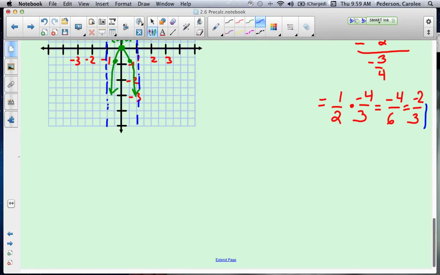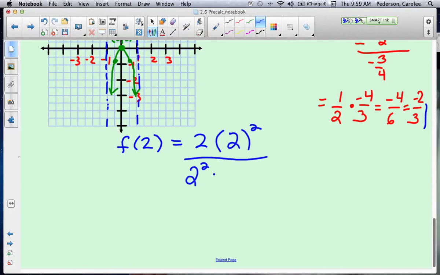So we'll say f of 2. 2 times 2 squared over 2 squared minus 1. 2 times 4. 4 minus 1 is 3. So 8/3.